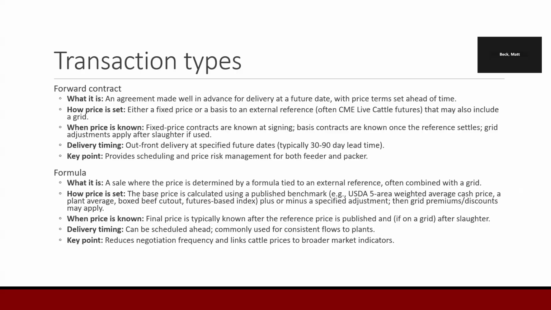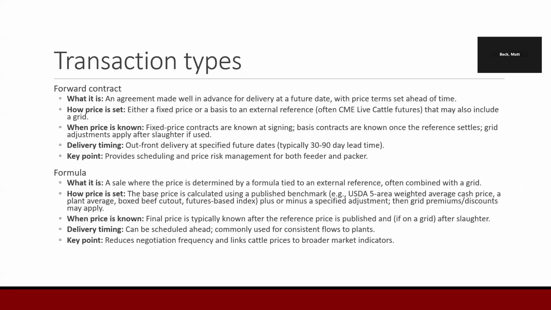Then based off the location of the plant, they'll apply some amount of basis to those numbers and they'll adjust that base price based on that. Then they'll apply grid premiums and discounts after that animal is harvested. So this formula contract can be scheduled ahead.